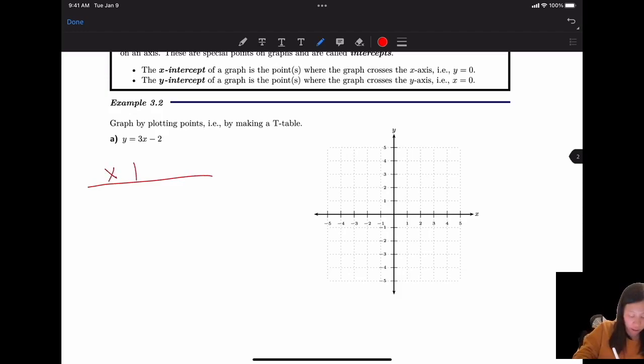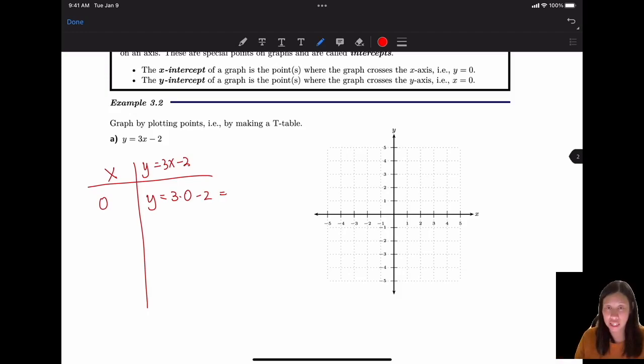We will have x, and our y is equal to 3x minus 2. And then we find out what our y is equal to. Let's say if x equals 0, our y is going to equal 3 times 0 minus 2. 3 times 0 equals 0, right? 0 minus 2 is negative 2.